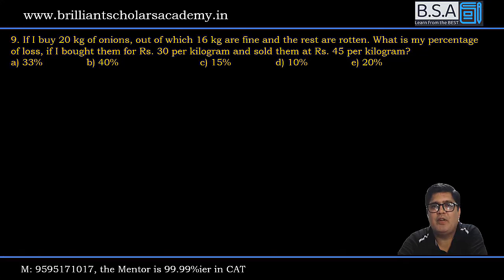Could be profit also. Let us check. It could be profit or loss. It should be, what is my percentage of profit or loss. Seems like a fairly straightforward question.